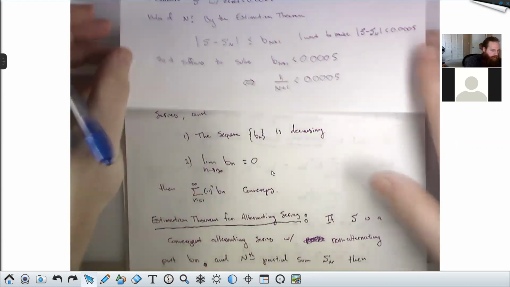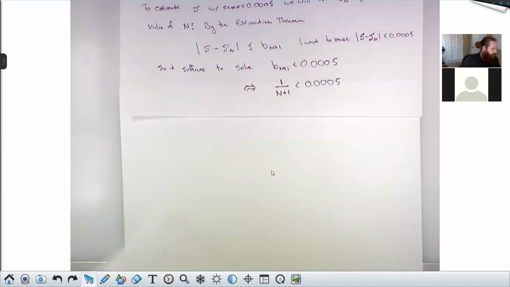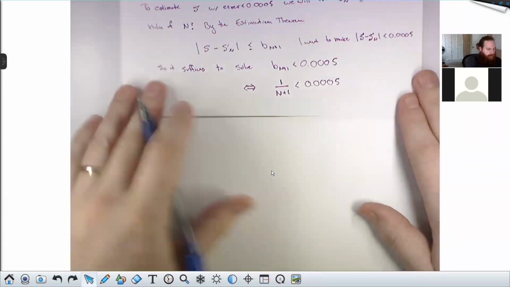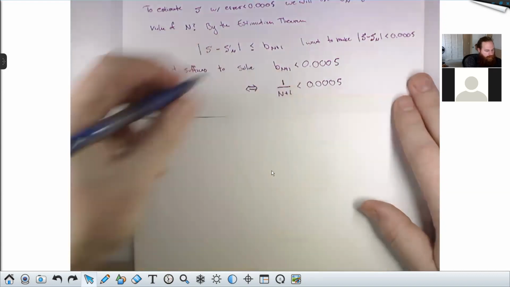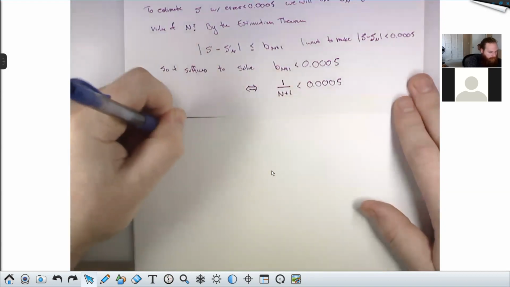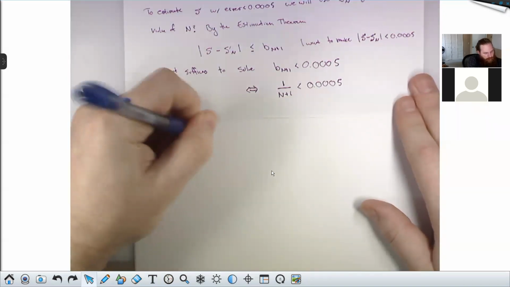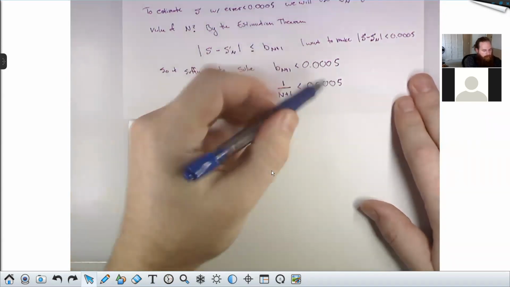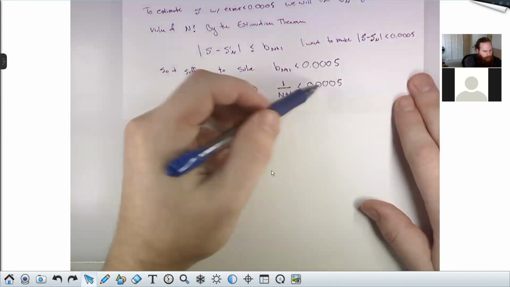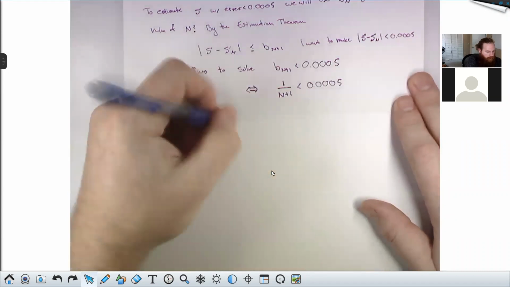Sometimes these inequalities are easy to solve by hand. Sometimes they're very hard to solve by hand. This one is not bad. I'm going to do it by writing the right-hand side as a fraction. That's 1 over N plus 1 is less than, this is 5 over 10,000.